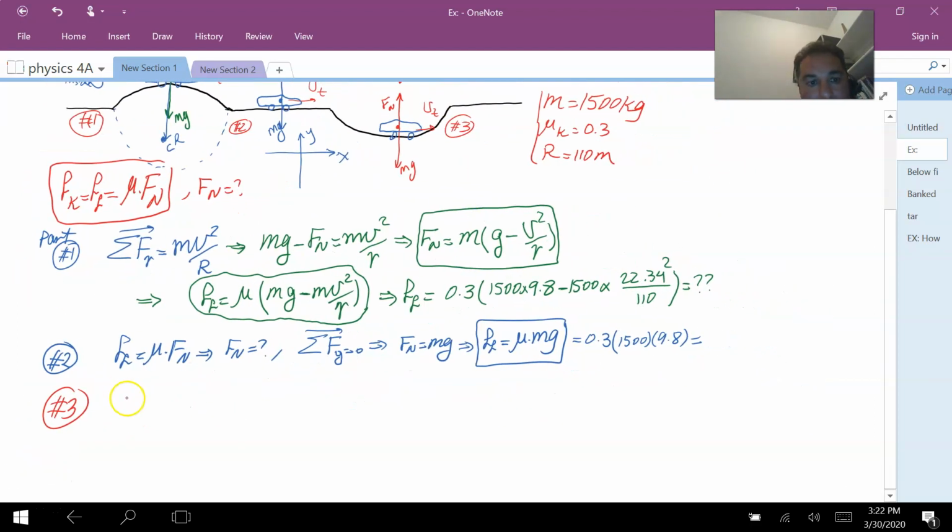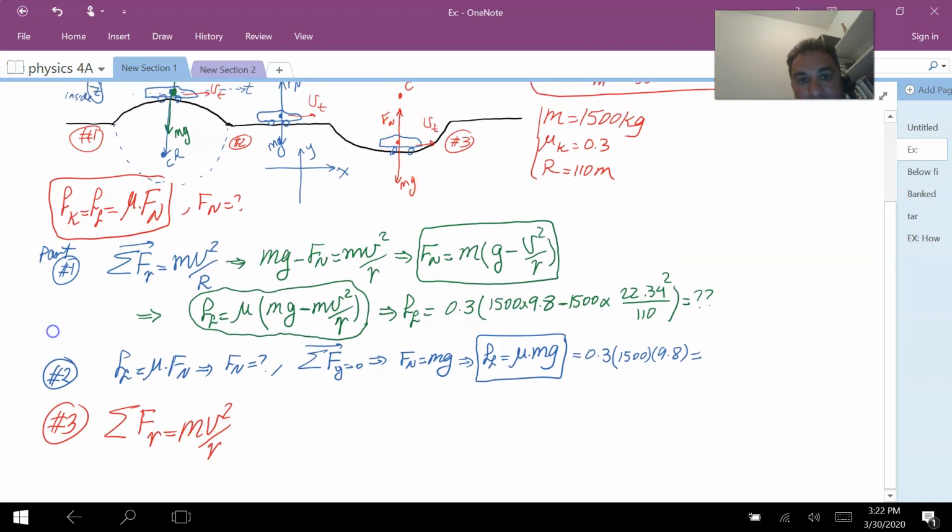I have total forces on r-axis because here is the radial axis. It's toward the center. How many forces do I have on radial axis? Fn and mg. Which one is positive? Fn. Why? Because Fn is toward the center.